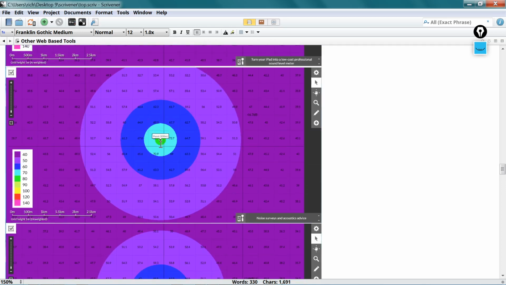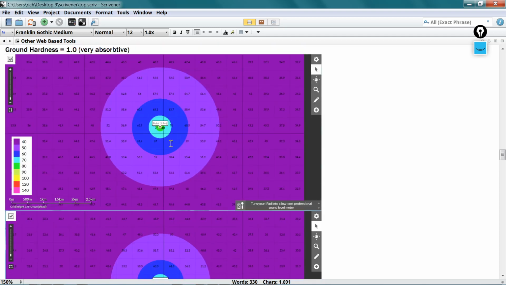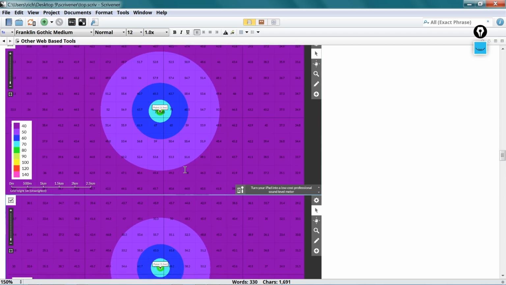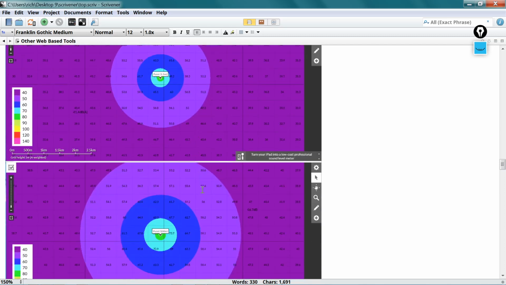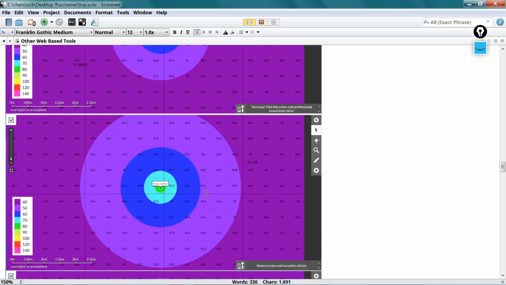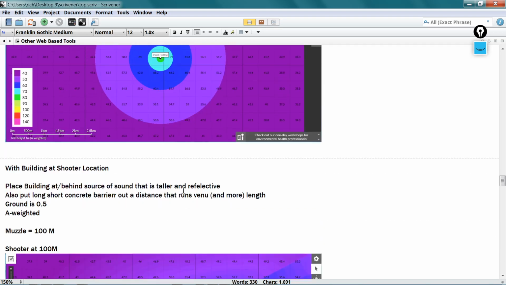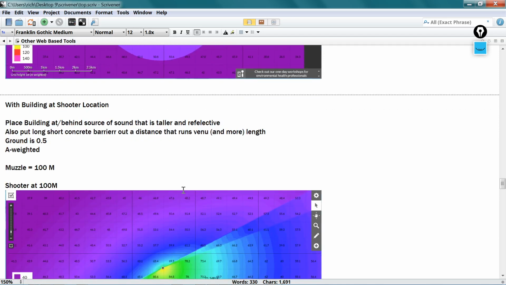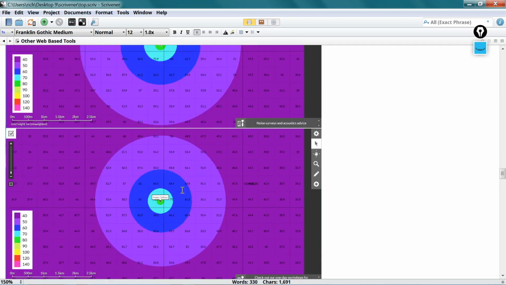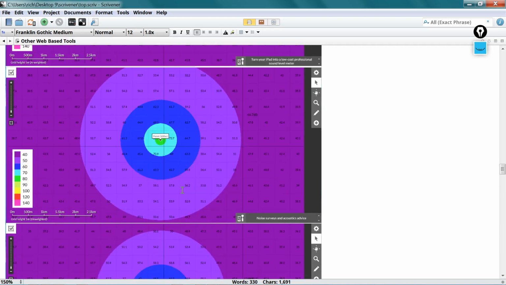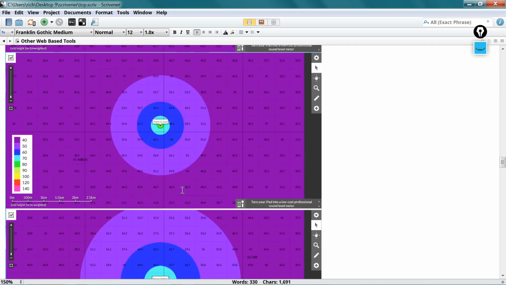So here it's about 1, 1.5, and back up here it was about less than 1. So again, even at the highly absorptive, you still get a larger area elevated than you do at the ground level. Let's see. One of these may have been at 15 meters.